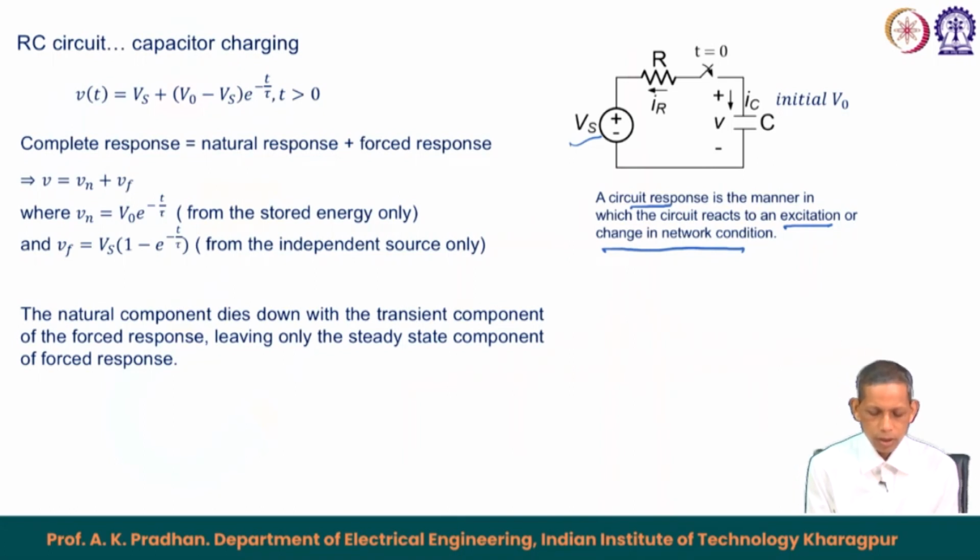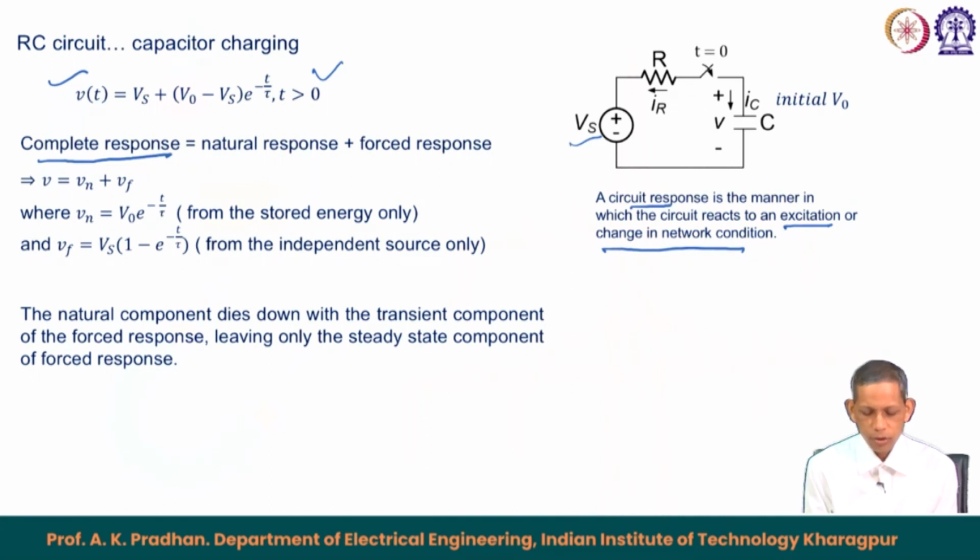So, in this RC charging case, we see that V t equals V s plus (V naught minus V s) e to the power minus t by tau for t greater than 0, with V naught equal to the initial voltage of the capacitor. So, this is our complete response of this RC circuit in the presence of the source.